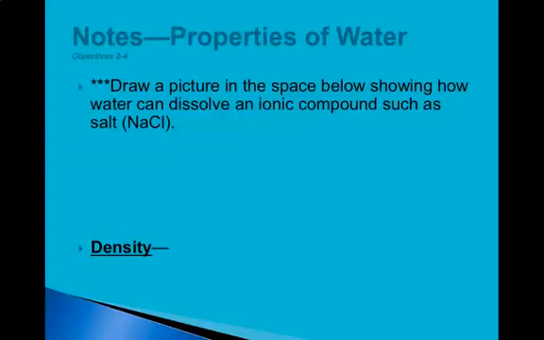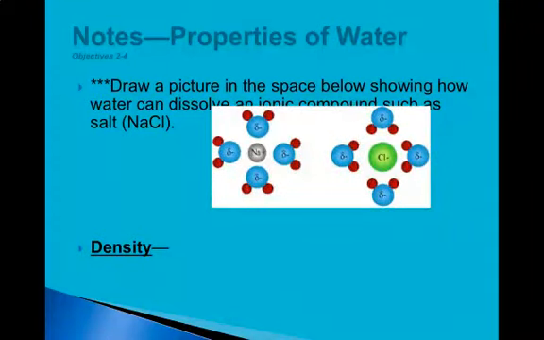Okay, next you're going to draw a picture that will show how water can dissolve ionic compounds such as salt. So we're going to show how water is going to break down NaCl. So here you can see we have our sodium ion here, our chlorine ion right here.